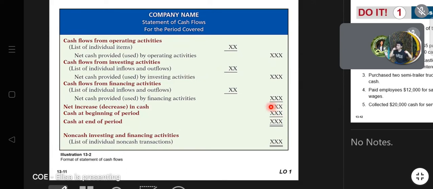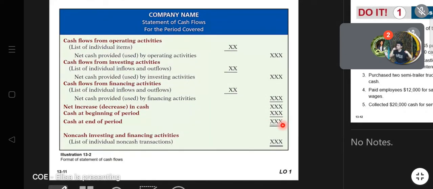Always remember, whatever your ending is on December 31, assuming you are using the calendar year, that is your ending. So automatically by January 1, whatever your ending was on December 31, your beginning will be the same. So, cash at beginning of the period is your January 1 or December 31 of last year. And then, this one plus this one, you will arrive at cash at end of the period, which is today.